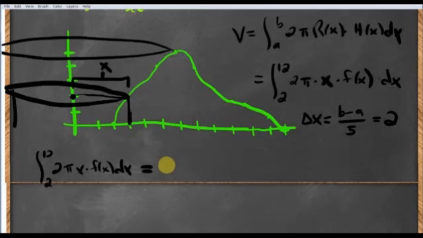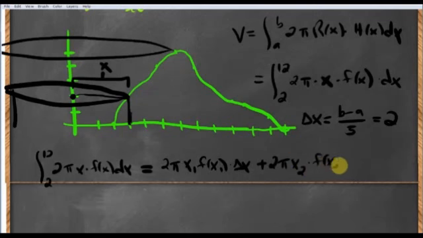So that's going to be 2 pi, I'll call this x1, f of x1 times delta x. That's the volume of shell 1. Then you'd have 2 pi x2 f of x2 delta x, and you do that up 5 times. Now, a couple minutes ago, we found just the volume of shell 1.